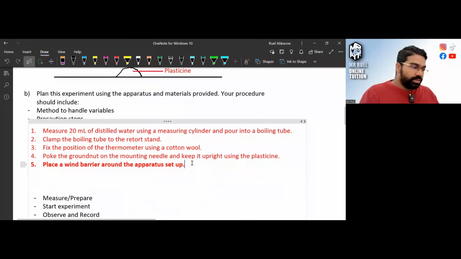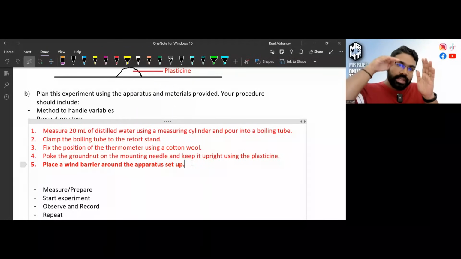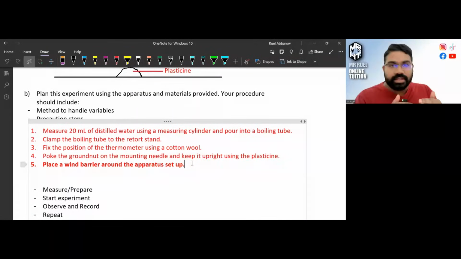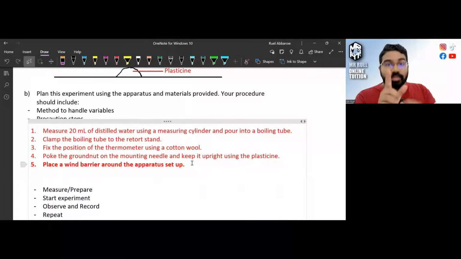Because this is also a precautionary step. You can see the precautionary step is within the procedure itself. It's not separate. So this is one of the precautionary steps that you can use. You will get 1 mark for this.